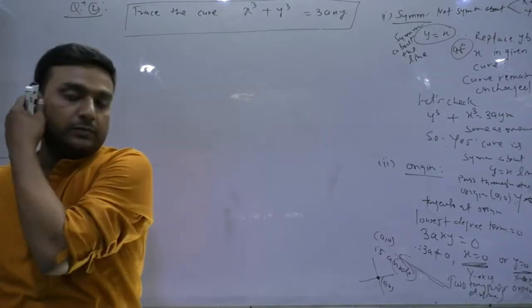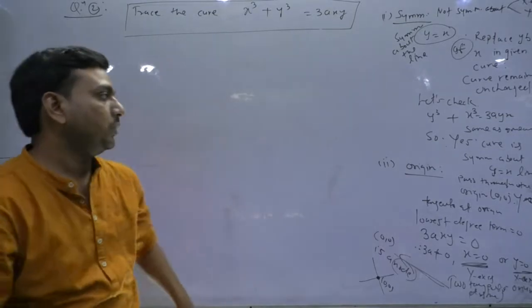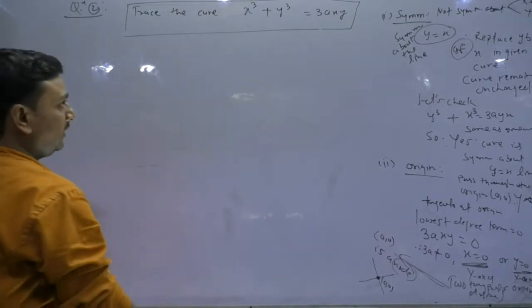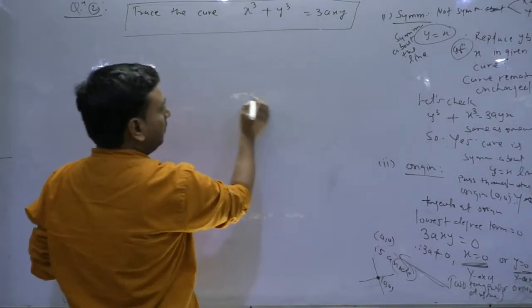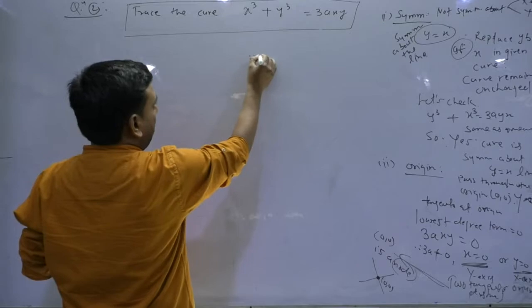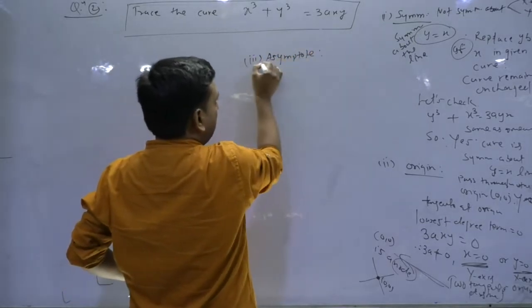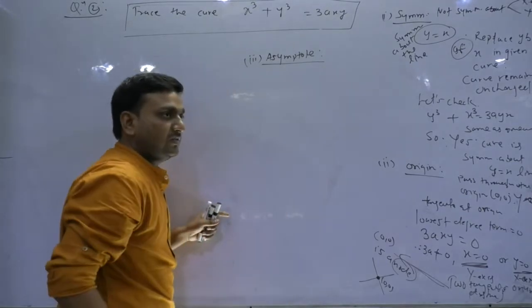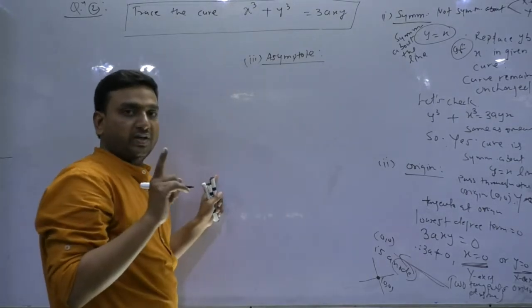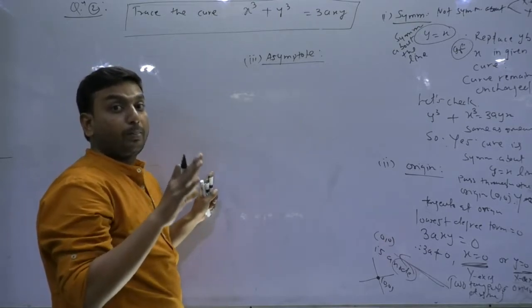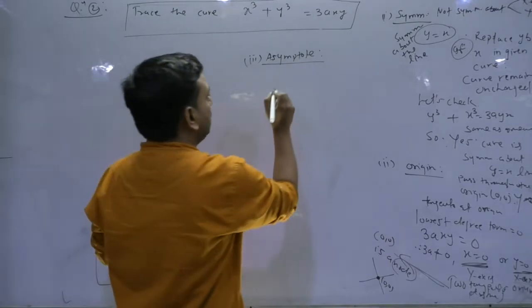Is that clear? Any doubt here? Symmetry is done, tangent at origin is done. What is the other point now? Asymptote. What is the procedure? Asymptotes parallel to the x-axis, asymptotes parallel to the y-axis, and oblique asymptotes.